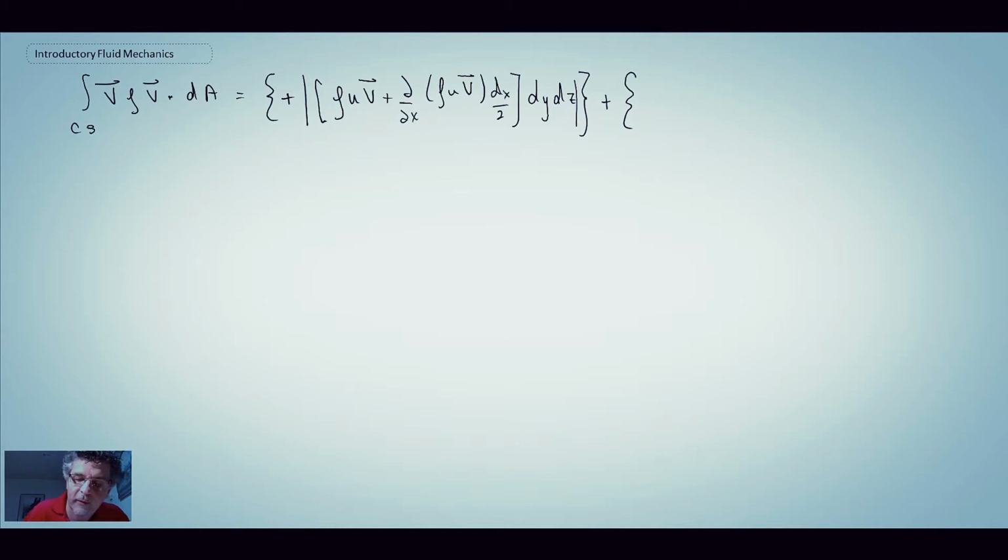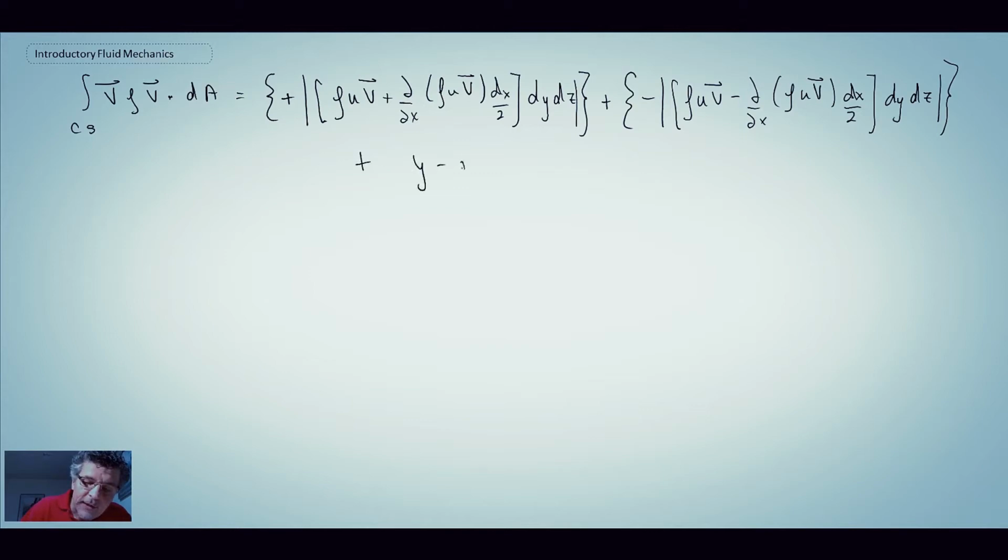So that's flowing out of the right-hand side, and then coming in on the left-hand side, we'll have a negative, just because of the way the vectors work out with the dot product. Okay, and then that's the area that it is flowing out over. And then we have plus the y direction, and then plus the z direction.